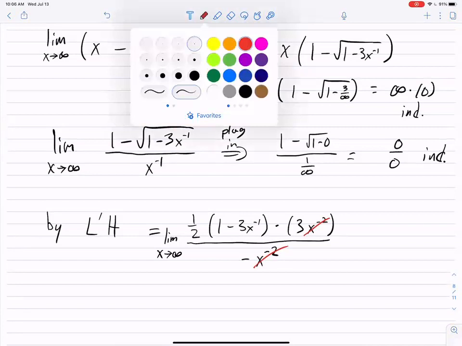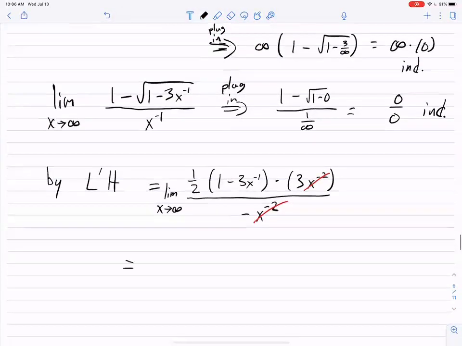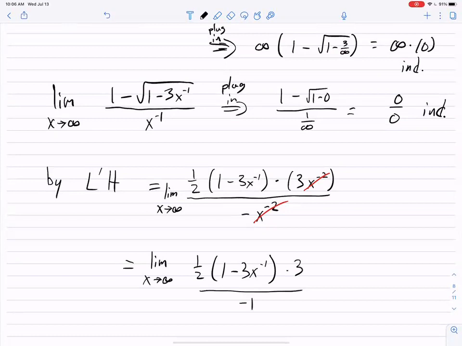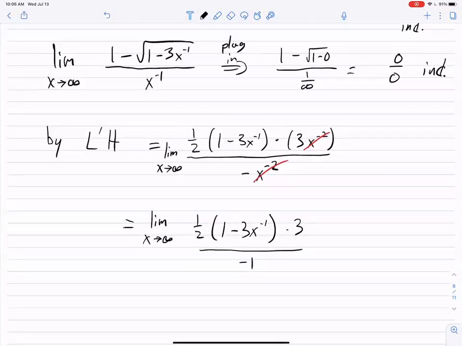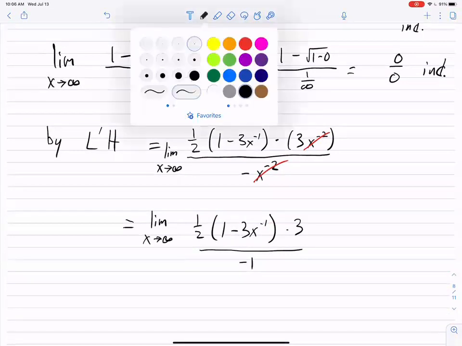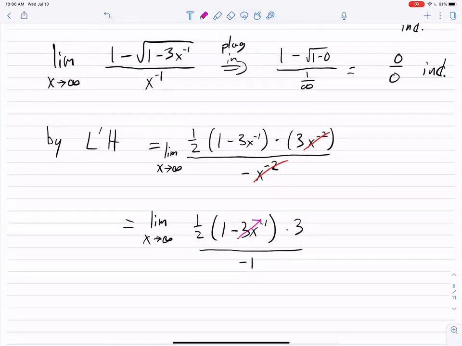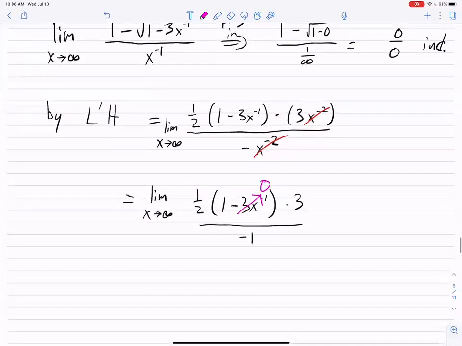And so we're going to get something hopefully pretty straightforward. So this becomes the limit as x approaches infinity of 1/2 times 1 minus 3x to negative 1 times 3 all over negative 1. If we plug in infinity into that, this will become 0, because negative 3 over infinity is 0.